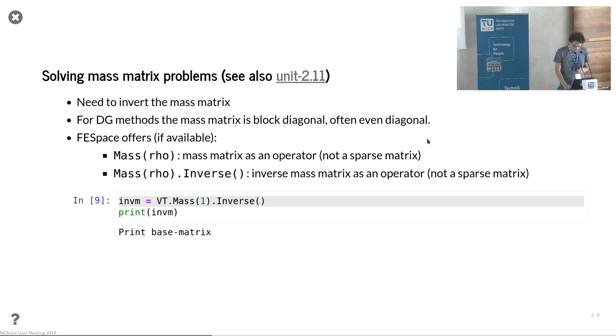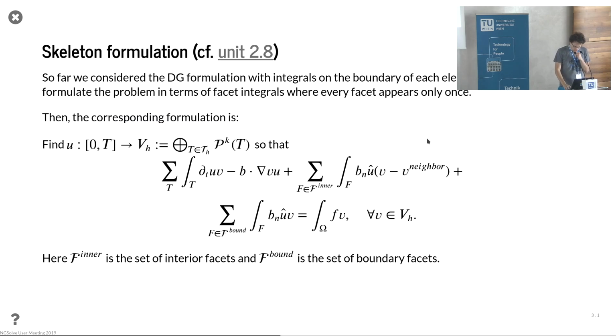So you could think that doing a skeleton integration, so an integration which is based on the facets rather than the elements for those terms, could be a little bit faster. And this is the corresponding formulation here. It's an identical discretization, just rewriting the element boundary terms in terms of facet integrals.